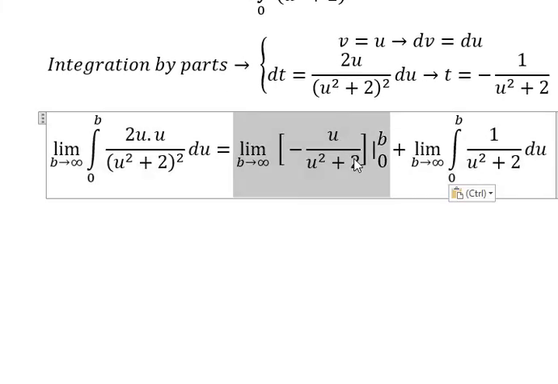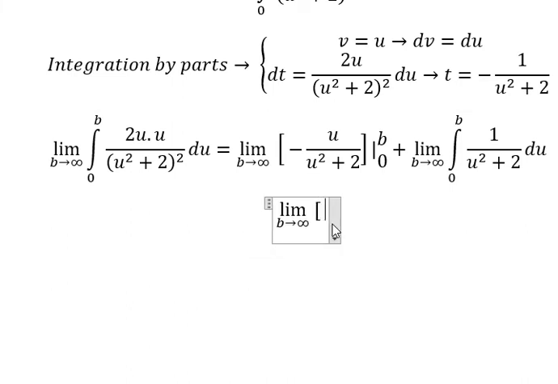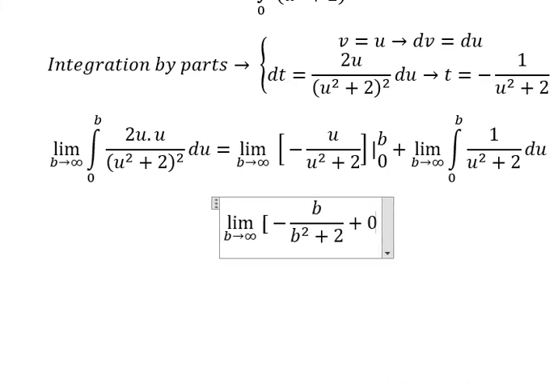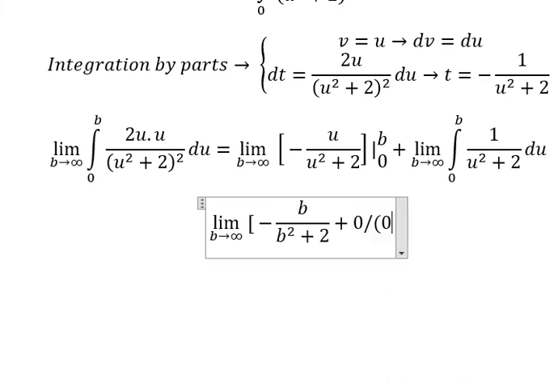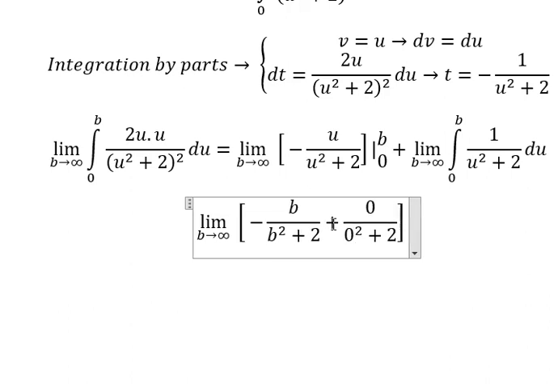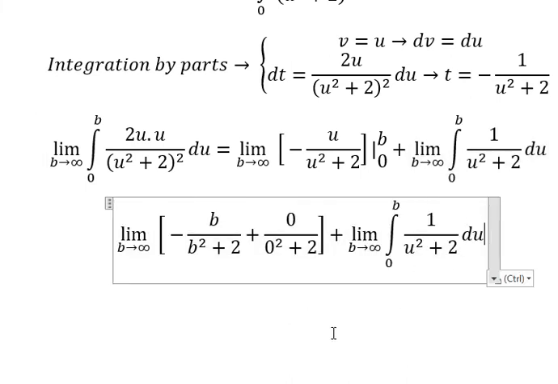So for the first one, you will get negative b over b squared plus 2 plus 0 over 0 squared plus 2. We know that this one goes to 0 when we go to positive infinity.